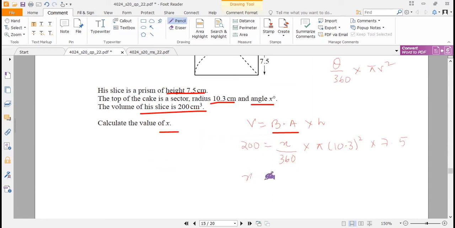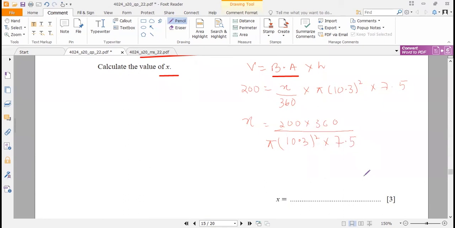So x will be equal to 200 multiplied by 360 upon 10.3 square pi multiplied by 7.5. By solving this, we will get the answer 28.8.